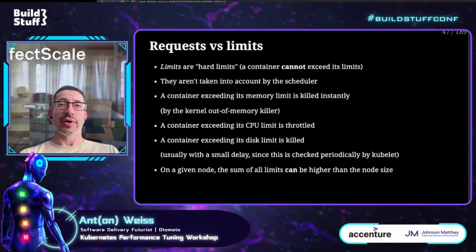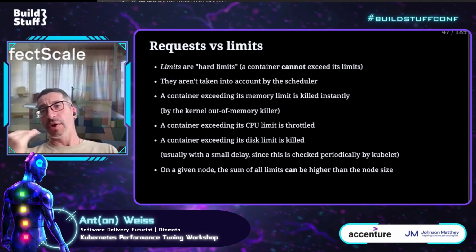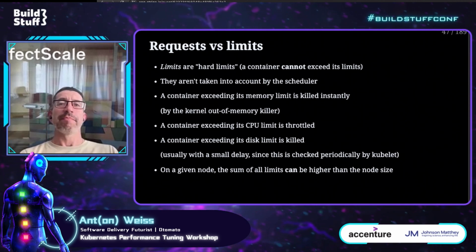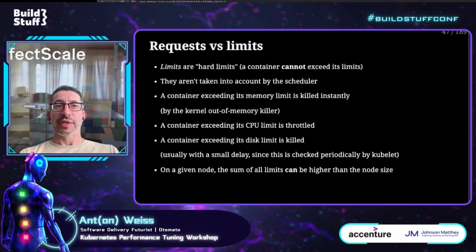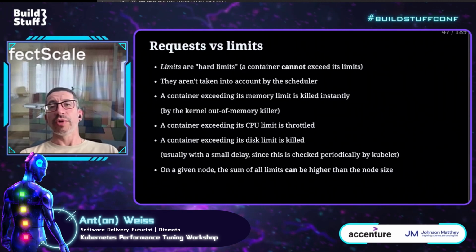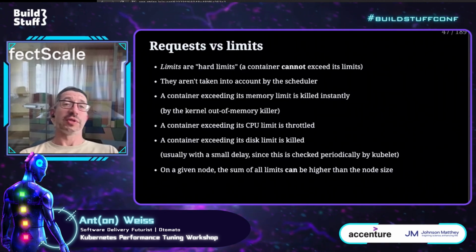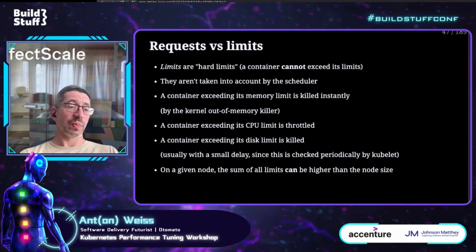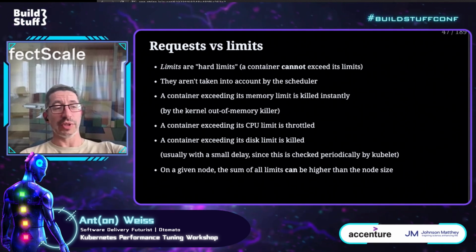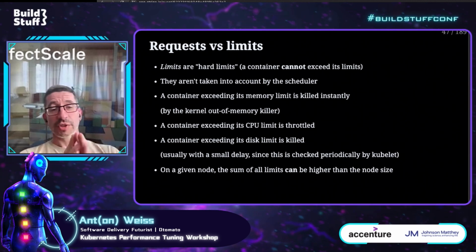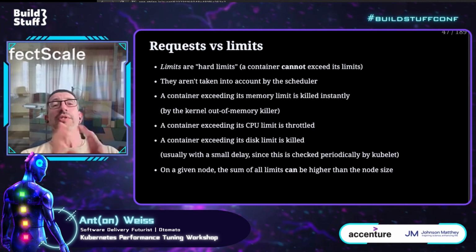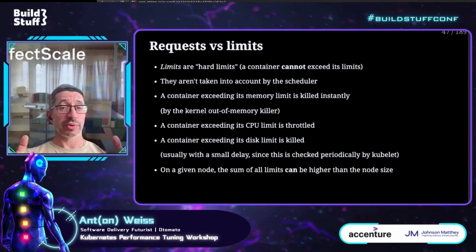Limits, on the other hand, are hard limits. A container cannot exceed its limits. And there's a difference between, of course, the limit of the CPU and the memory, and ephemeral storage. So out of all these, CPU is a compressible resource.